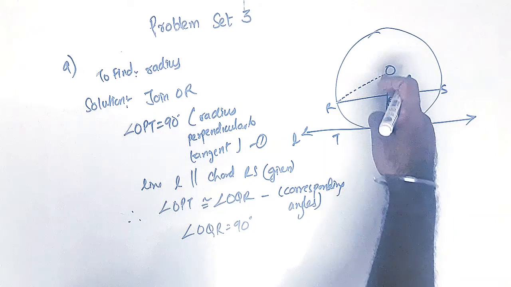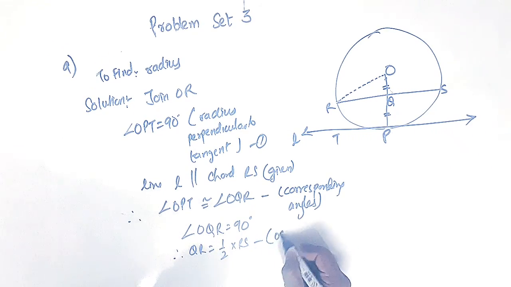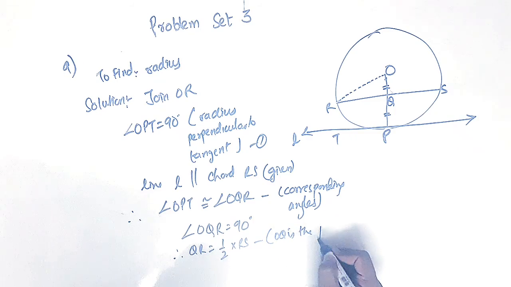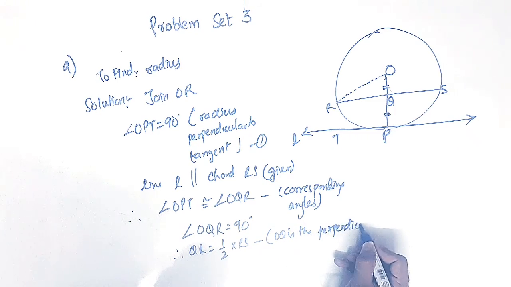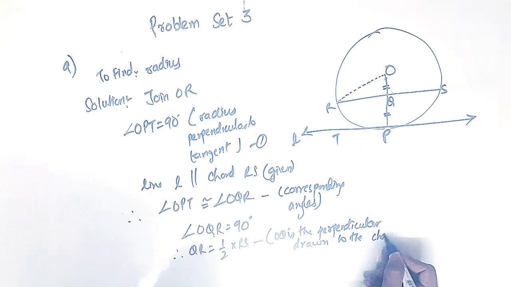this becomes the perpendicular drawn to the chord. Okay, so can I write, therefore QR is equal to half of RS. Okay, OQ is the perpendicular. You remember that theorem we have done in 9th standard, perpendicular drawn to the chord.